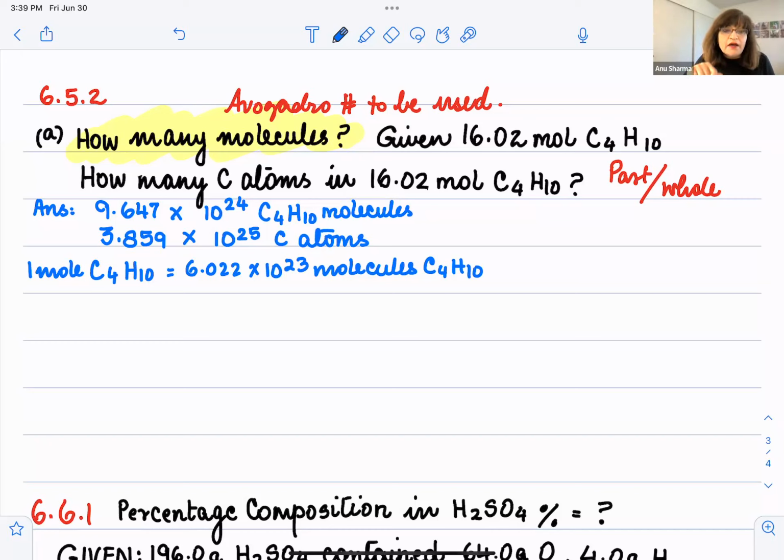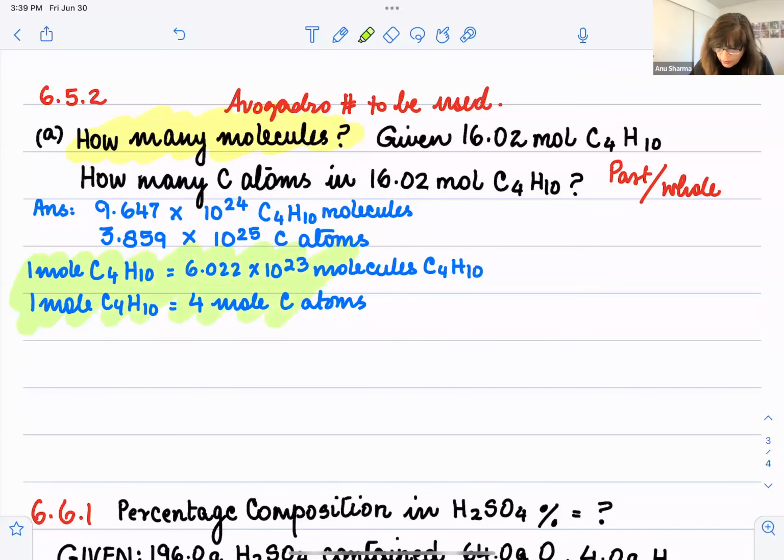Next thing is how many carbon atoms are in 16.02 moles. For this one, we know that 1 mole of C4H10 contains 4 moles of carbon atoms. So these two are known equalities.